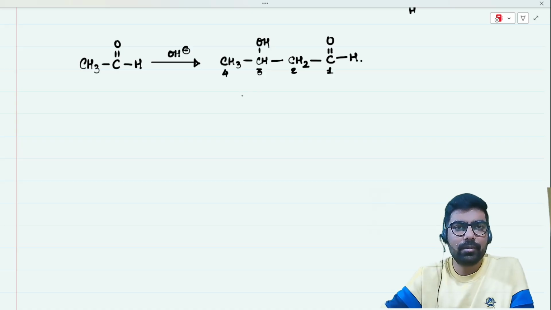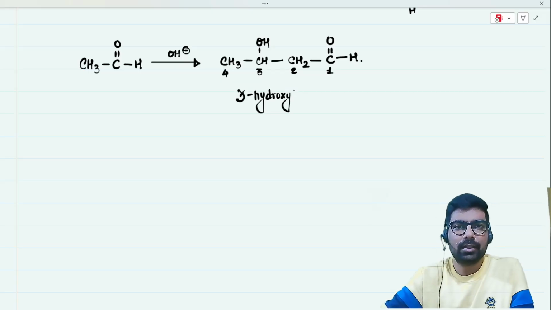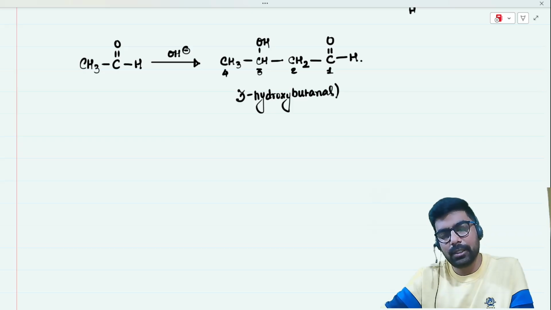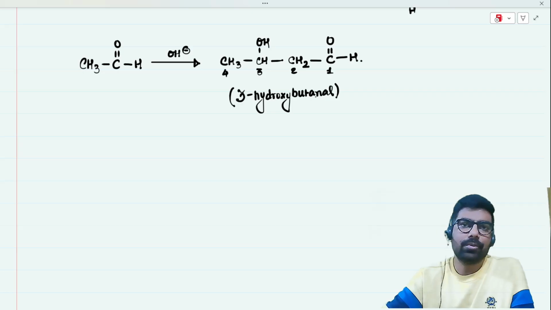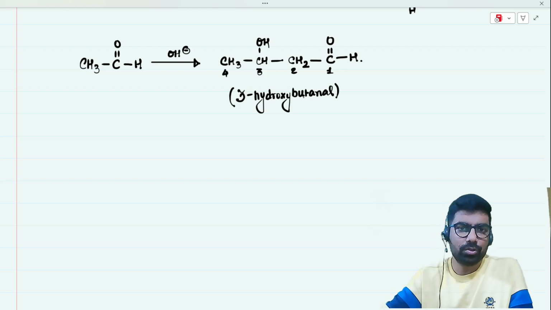So what will be the name? 3 hydroxy butanal. This is my product for the aldol condensation. How it is taking place, the mechanism, we will do it. But now every molecule will give a different product, but we give a general name to this.